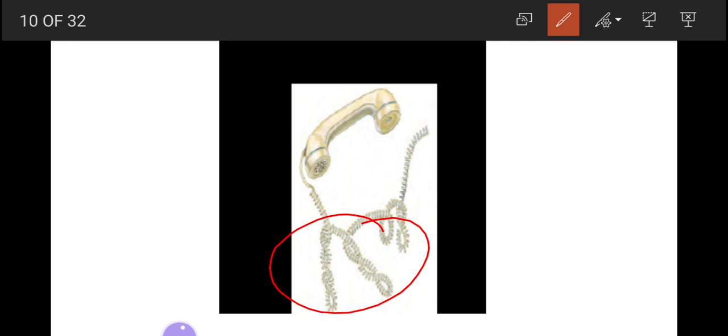And if the cord is twisted in the direction of loosening the coil, the coil will again wrap around itself in the opposite direction to form negative supercoils. So the supercoiling of the telephone cord is a similar example to that of the DNA supercoils.